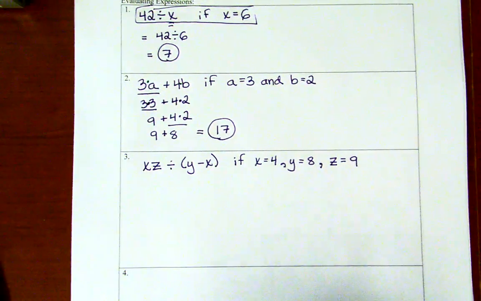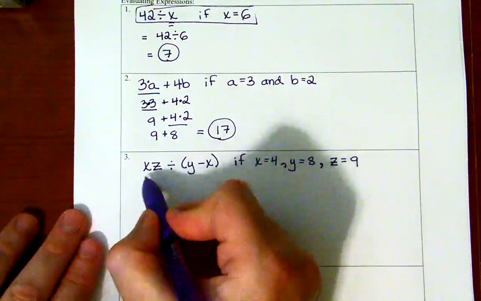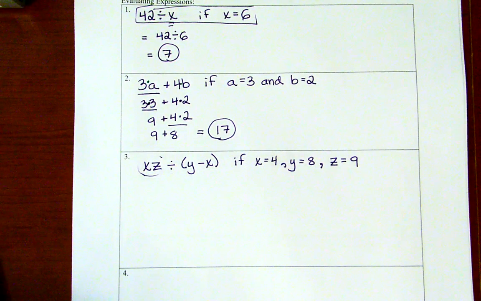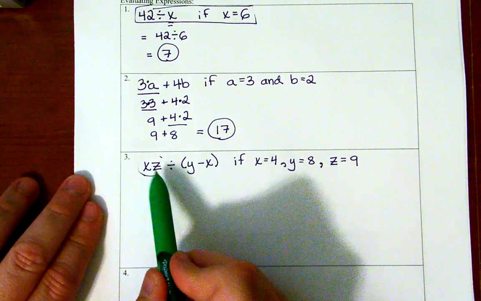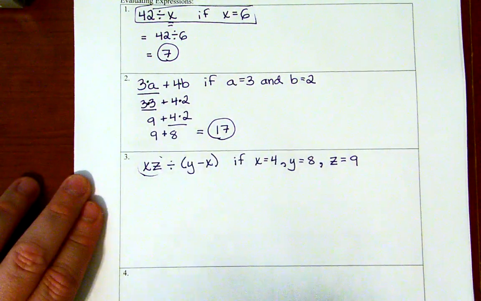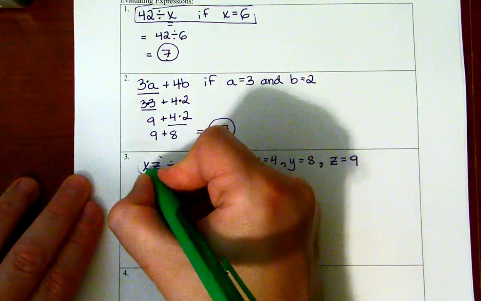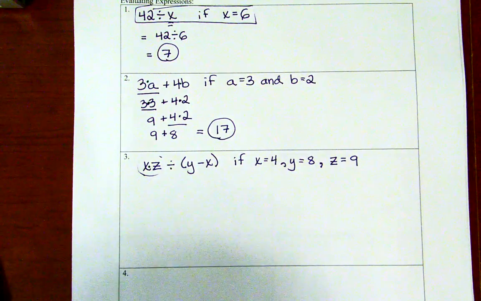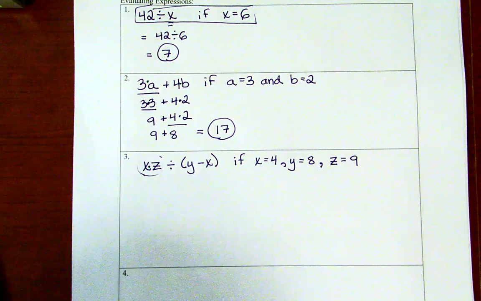Why not? Actually, before you fill things in, xz really means what? xz, two letters next to each other, just like if I have a number next to a letter, means multiplication. I'm going to say x times z. I'd like you to take a moment and fill in your numbers.